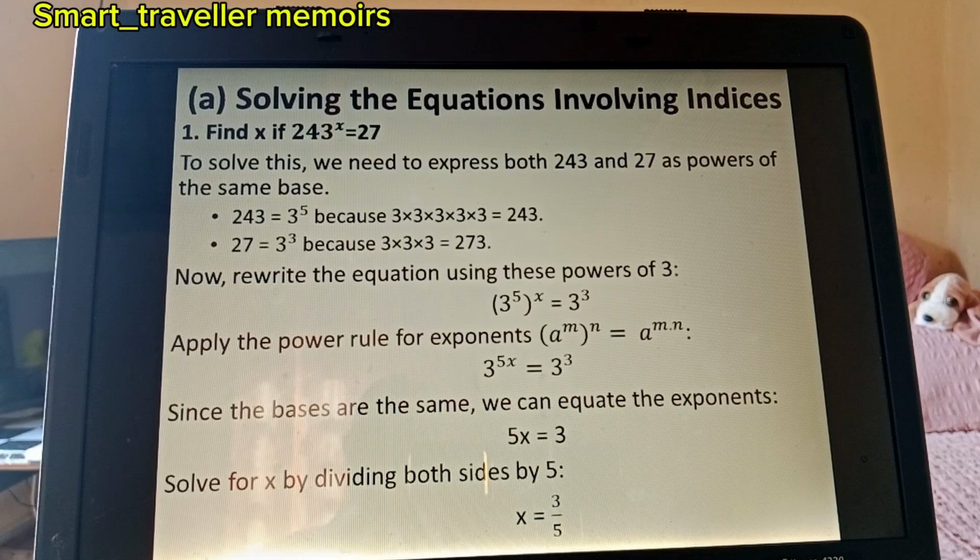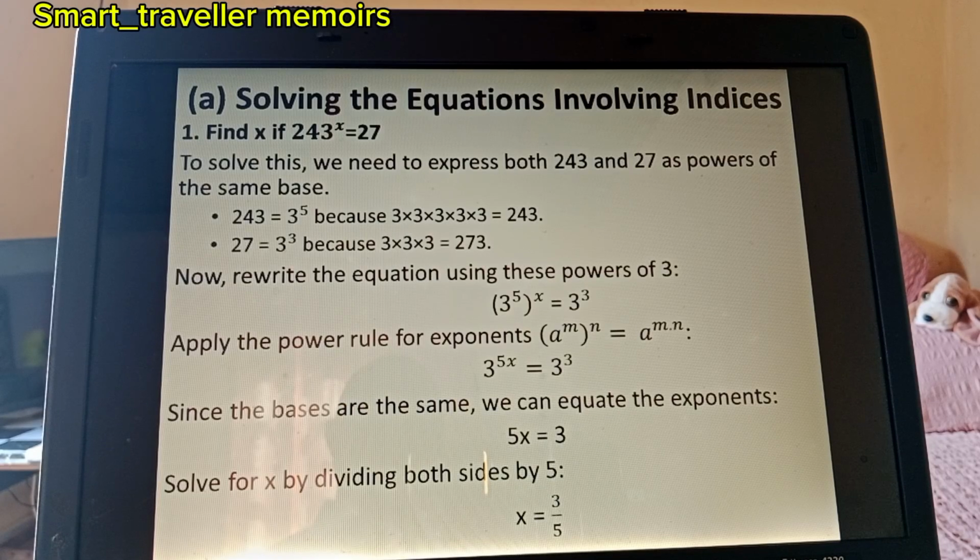states as follows. If you raise a number a to m, and then you raise that power to n, your result should be the same as multiplying the indices.